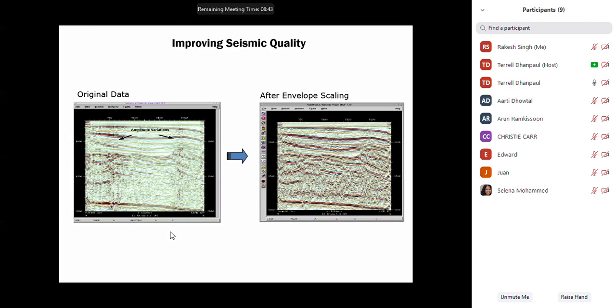Let's go on. What it's showing here is you can do simple things to enhance your data quality. You're not a processor, but you're an interpreter. But an interpreter can also do some little routines in the software package that is available to enhance the data quality. This specific routine here is called envelope scaling.